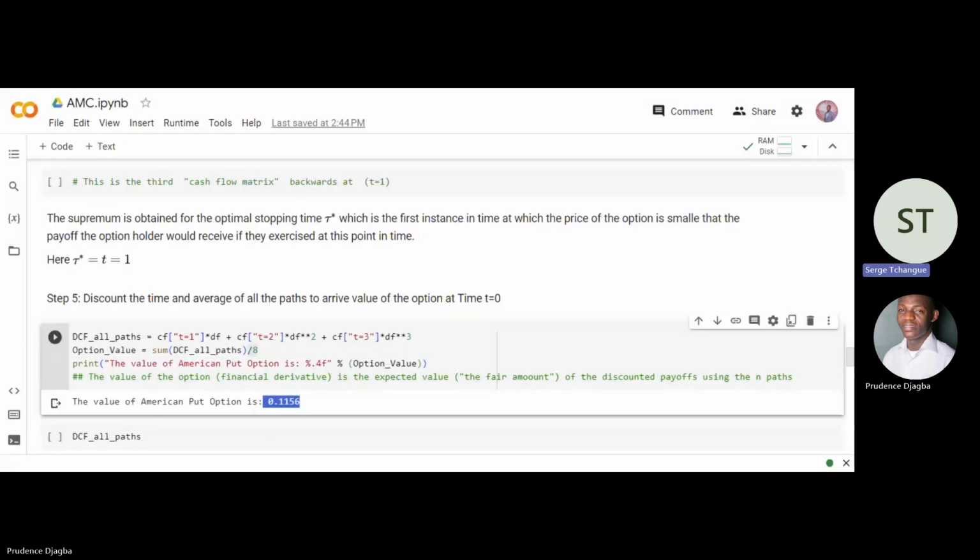Maybe the way you did it, the value at T1 is actually the value at 0. I'm not sure. If you have T0, 1, 2, and 3, right? You have T0, 1, 2, and 3. So you should have one regression, two regressions.